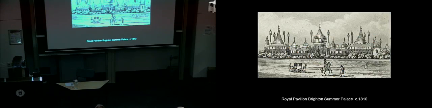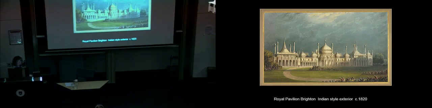It's actually part of the whole structure. This is an early engraving of it between 1810 and 1820. So there's nothing else like it actually in England, and certainly wasn't anything like it in Brighton at the time. So it's always been a fairly bold statement.